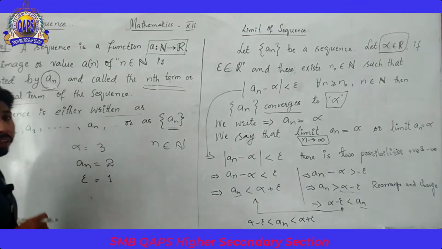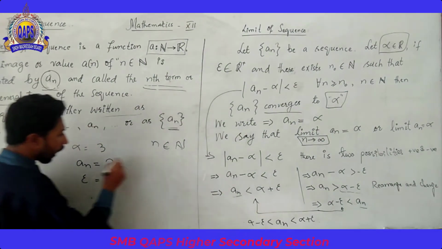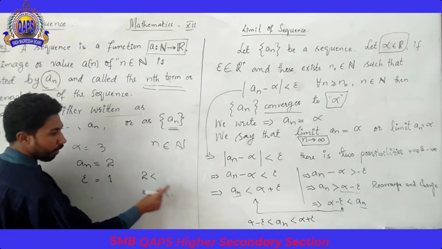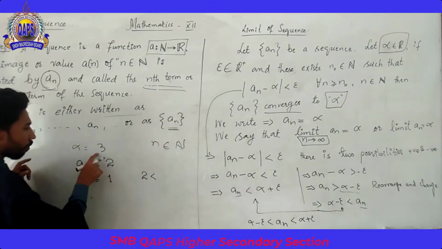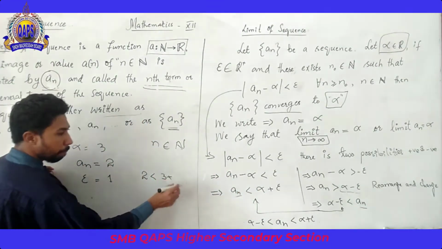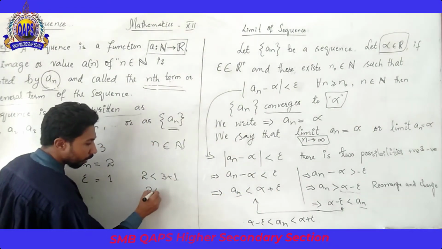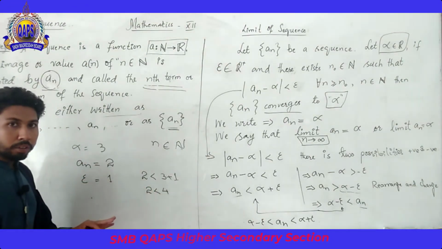Then what will be the result if we put an equal to 2 in an less than alpha plus epsilon? The value of alpha is 3 plus epsilon is 1. So this condition is satisfied: 2 is less than 4.